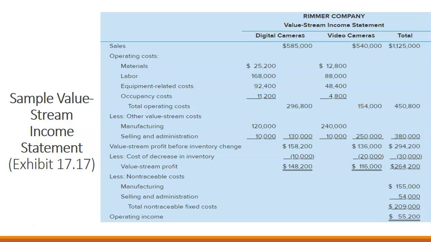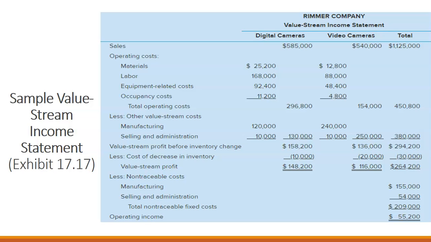We have an example with 2 different types of products, and we've separated each one into its own value stream and looked at how they contribute individually to the overall operating income of the organization. We see that the value stream of digital cameras is greater than the value stream of video cameras.